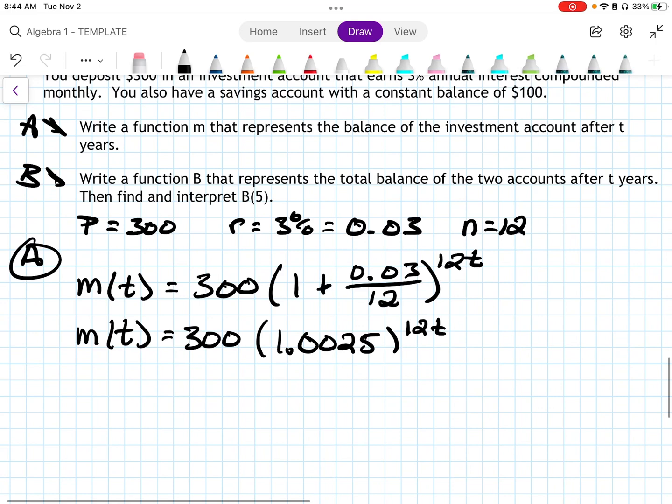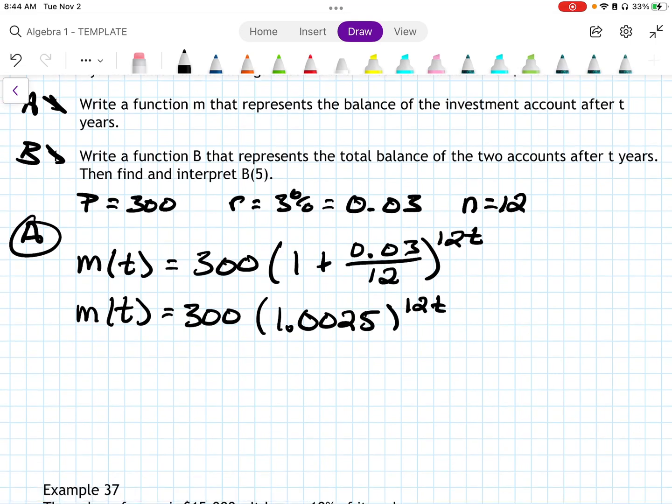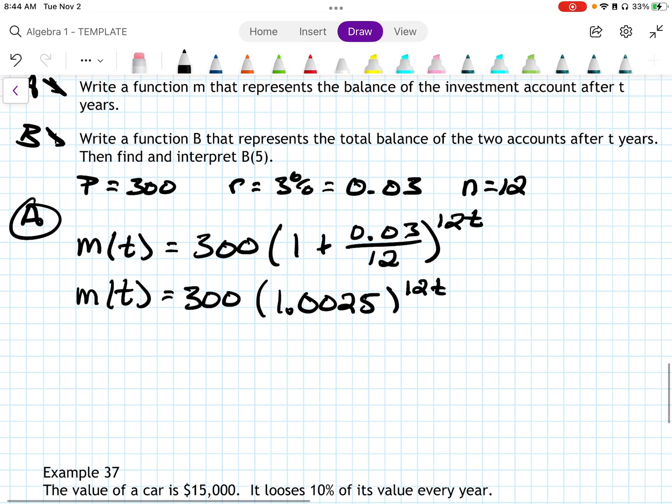Part B, write a function B that represents the total balance of the two accounts after T years. Then find and interpret B of 5. So for part B here, B of T is going to combine both accounts. Well, we already have M of T, so this would be M of T, and then we have to add the other account.